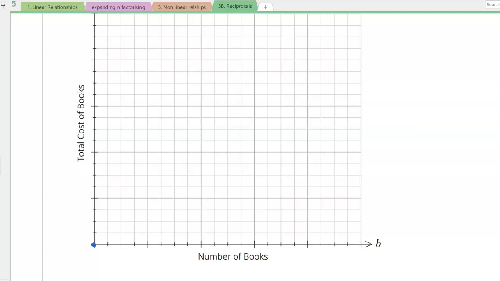So if we want to go 1, 2, 3, 4, 10 books, and we might want to go up in, I don't know, what do we go up in, 10s? Could go up in 9s. It's easier actually, isn't it?